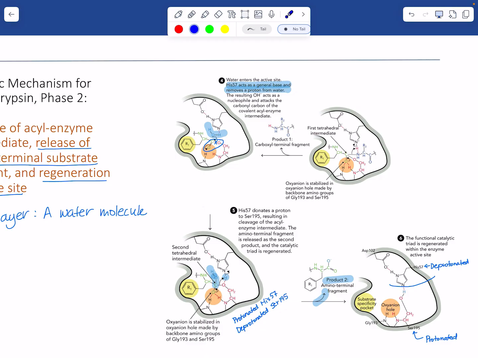So it's a combination of those things and isotopic labeling.